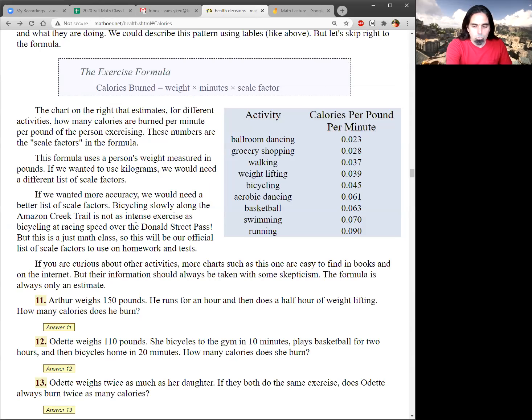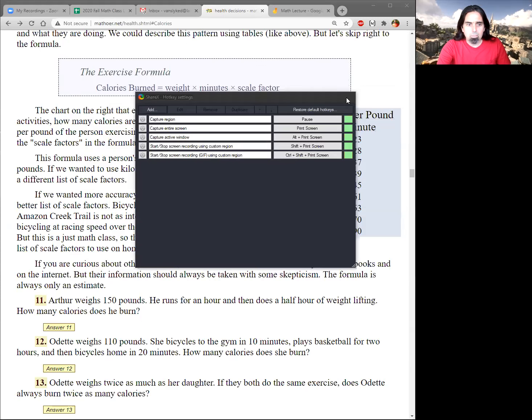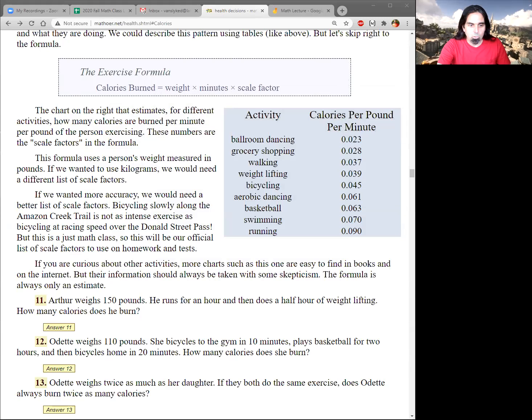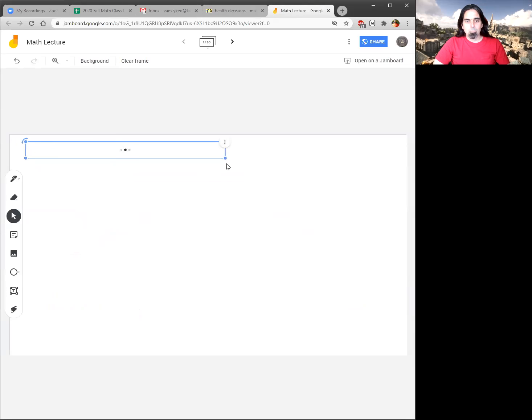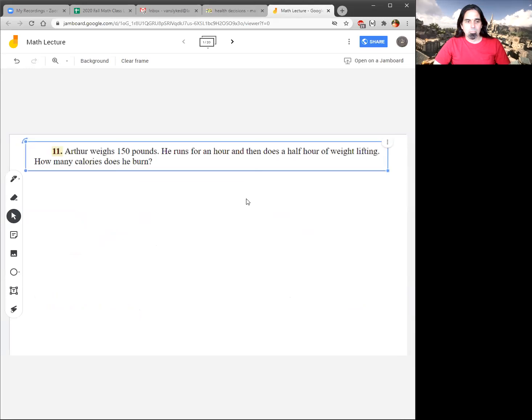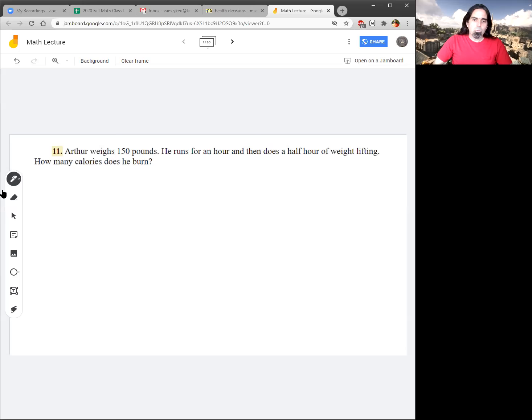Okay, so Arthur weighs 150 pounds. He runs for an hour, does half an hour of weightlifting. How many calories does he burn?